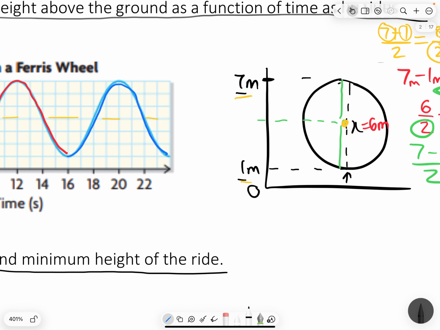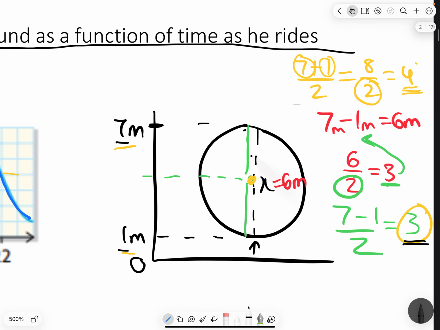This is the radius because this is how many values it takes from the midpoint to any other point on the circle, like from here to here, or here or here or here. It takes 3 units to go from the midpoint to 7 or to go from the midpoint to 1, right? And our midpoint is located at 4.